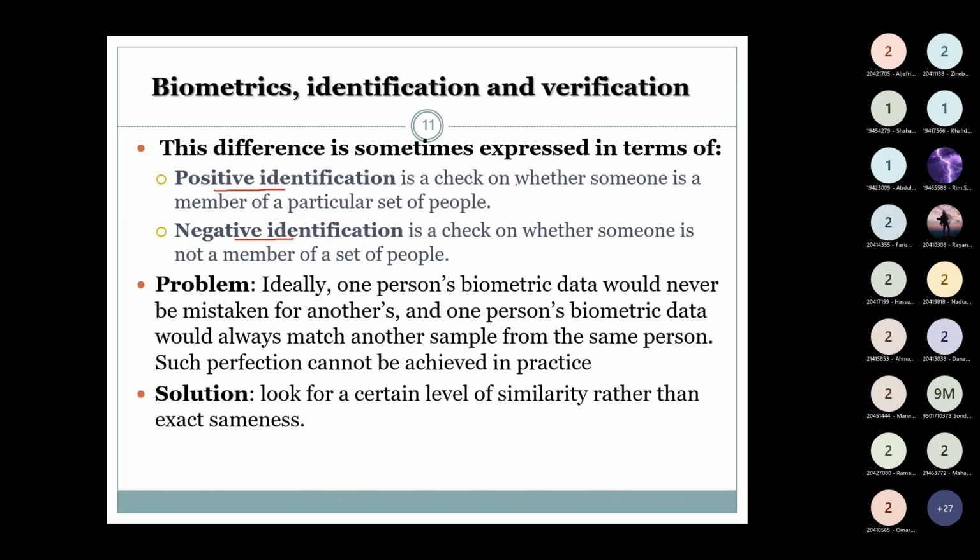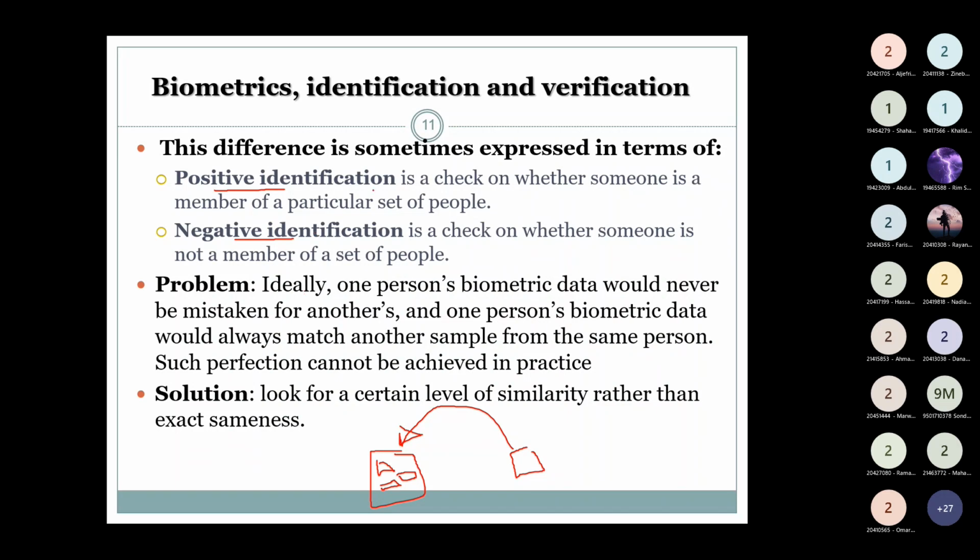So you have this database with some persons in it, and you need to check if this person is a member of this particular set of people or not. It is called positive identification.